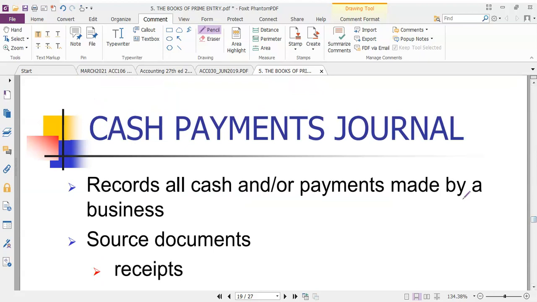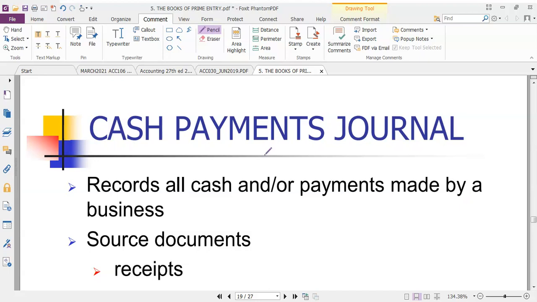Tadi kalau you perasan kita ada sales journal, purchase journal, return inward journal, return outward journal. Okay, empat-empat benda tu berkaitan dengan kredit saja, on credit. Okay, maksudnya kita berhutang ataupun customer berhutang kepada kita. Okay, itu on credit.